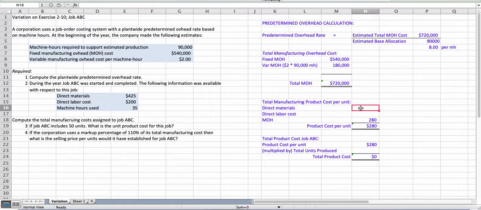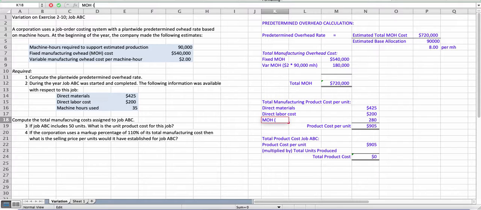Okay, so we need to calculate a cost per unit in order to come up with a total manufacturing cost. So direct materials, right over here, that was given. Direct labor, 200, that was also given. And here's our manufacturing overhead. And how do we calculate it?